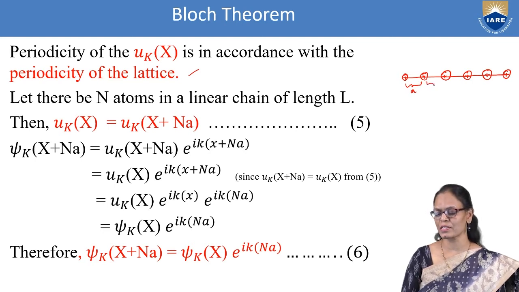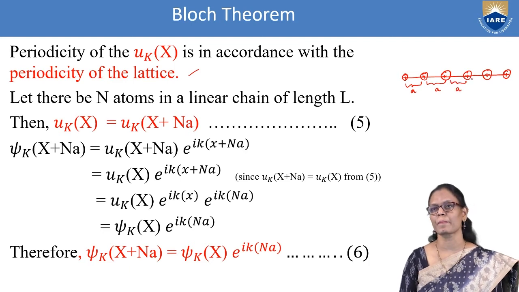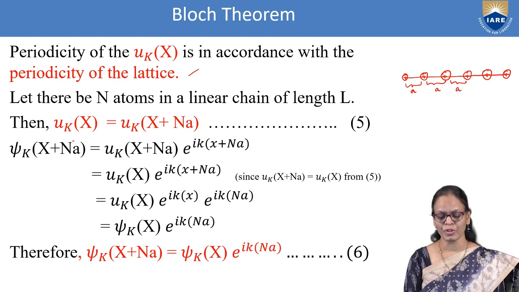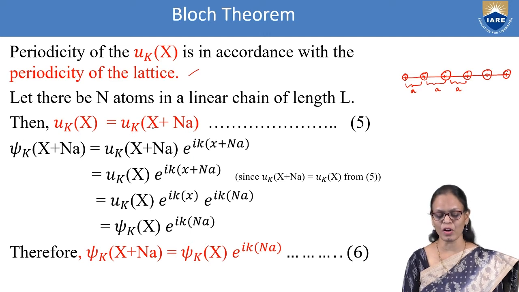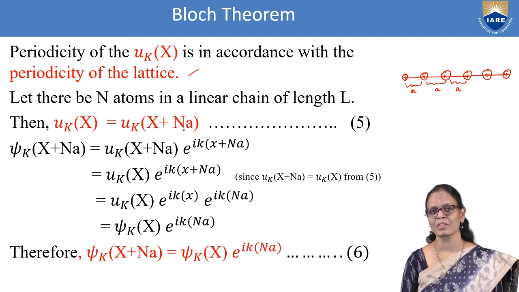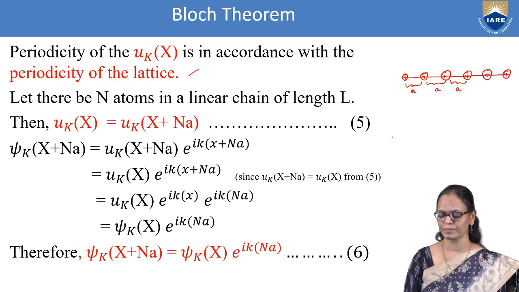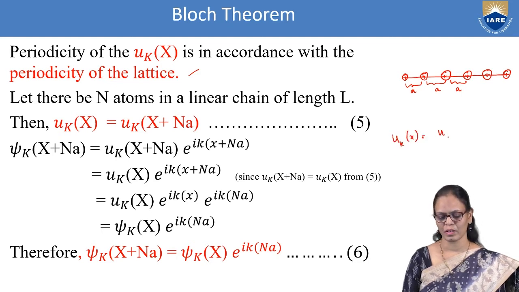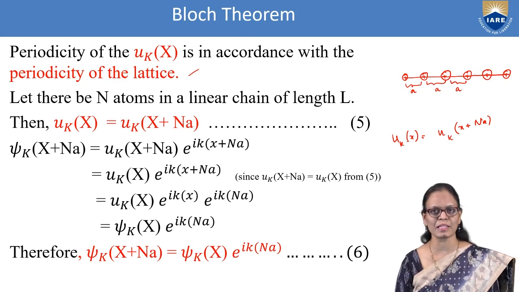Between any 2 atoms you take, this is a. Now u k of x is equal to u k of x plus na. Initially for 1 atom we considered x plus a.